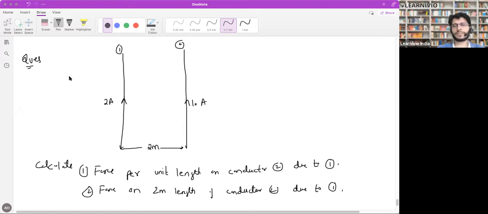It's a formula based thing. If someone doesn't know, the value of mu naught is 4 pi into 10 raised to the power minus 7. Answers? Send your answer to host, faculty.